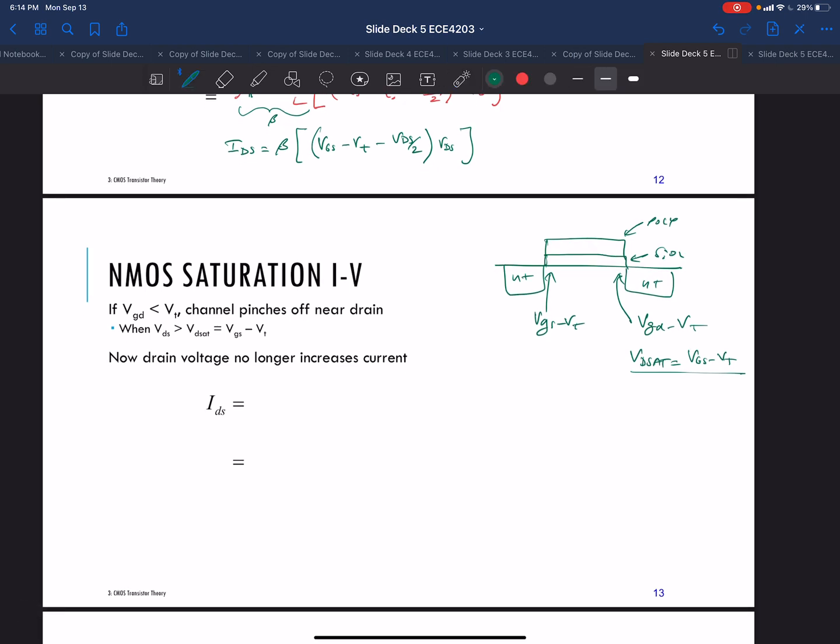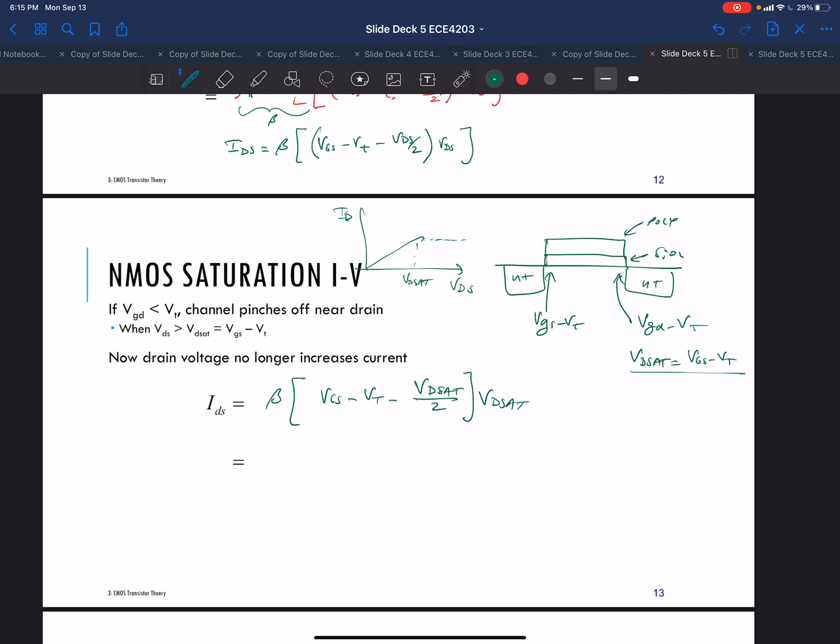Okay, so IDS is beta times VGS minus VT minus VDSat over 2, times VDSat. So all I did so far is plug in VDSat for VDS to just get the value of the current at this point where the current versus voltage flattens out, and that's at VDSat.